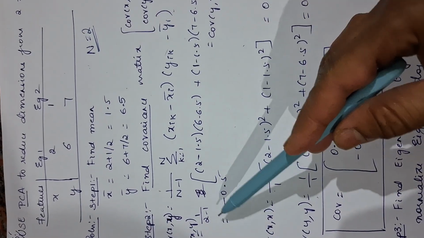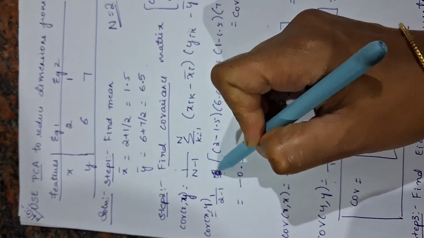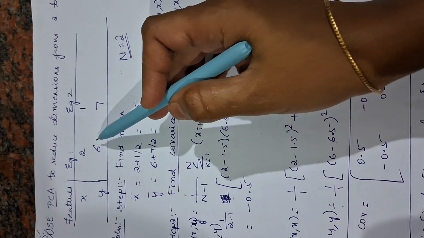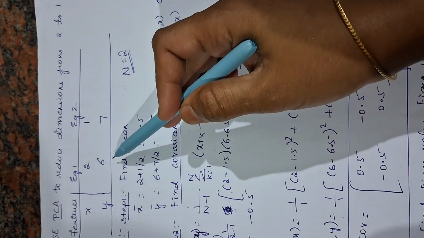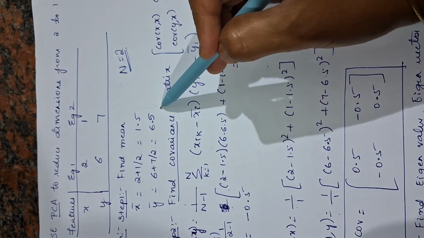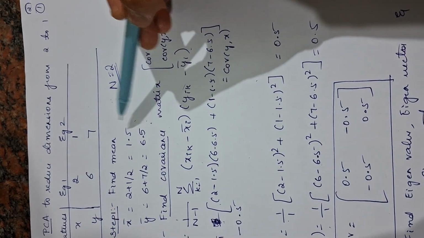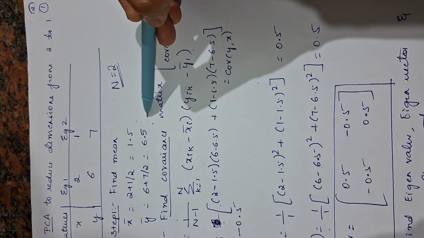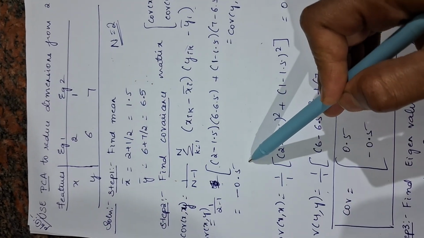So that would be 1 by 2 minus 1 summation. I'll just cancel this, we will add it directly. So you have 2 minus 1.5 into 6 minus 6.5 plus 1 minus 1.5 into 7 minus 6.5. If you calculate this equation, you get the value as minus 0.5.